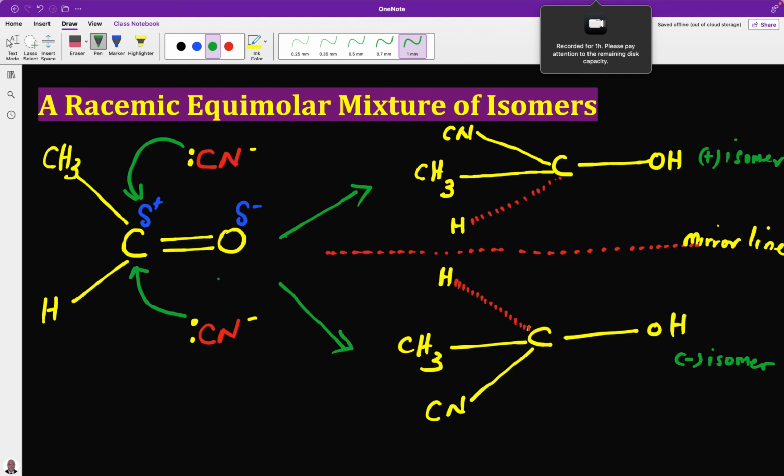And if it does that, it is going to produce a racemic equimolar mixture of isomers.